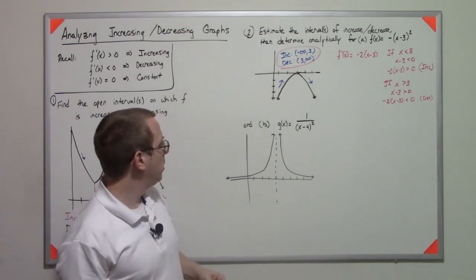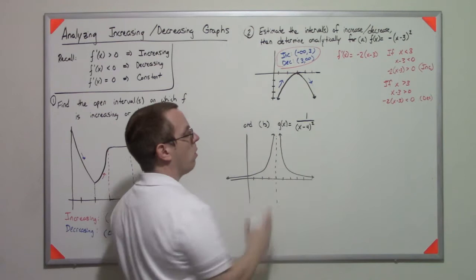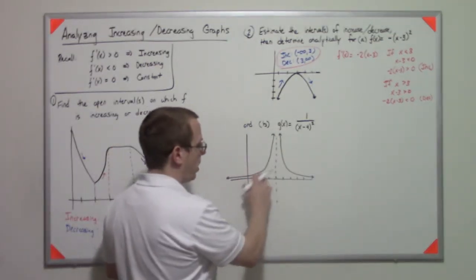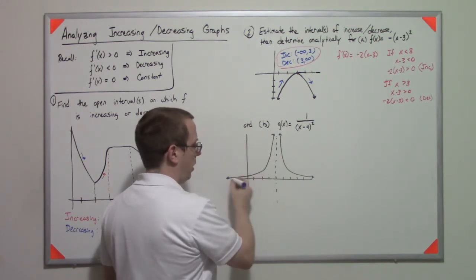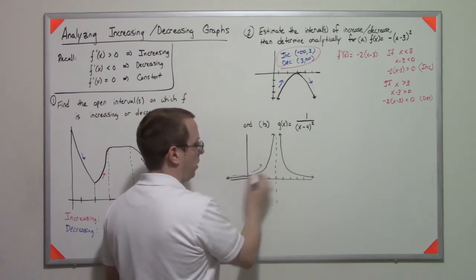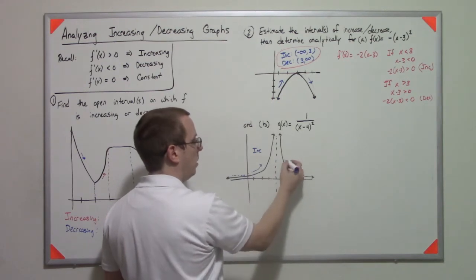Now, what about this? (x minus 4) quantity squared with the reciprocal. Well, if I look over here, I have an asymptote. It looks like as x goes from left to right, the function values increase, so I would assume this is increasing.